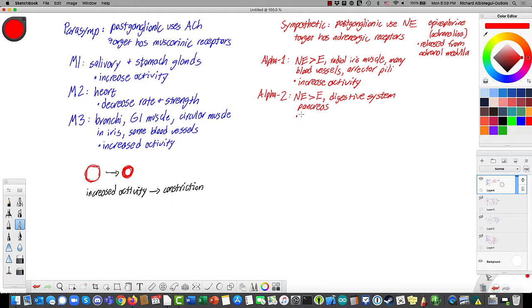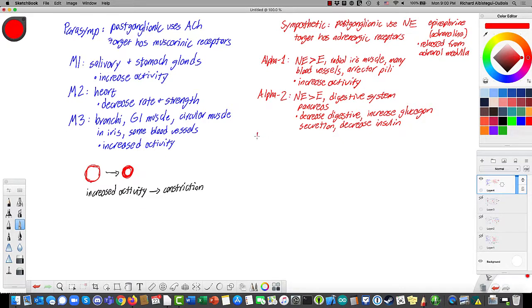They generally decrease digestive activity, but they increase glucagon secretion from the pancreas and decrease insulin secretion. So they're a little more subtle in terms of do they activate or deactivate. It kind of goes both ways.